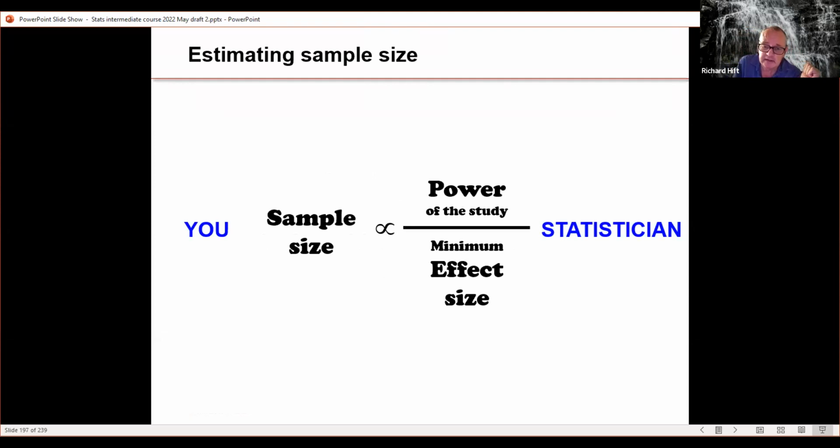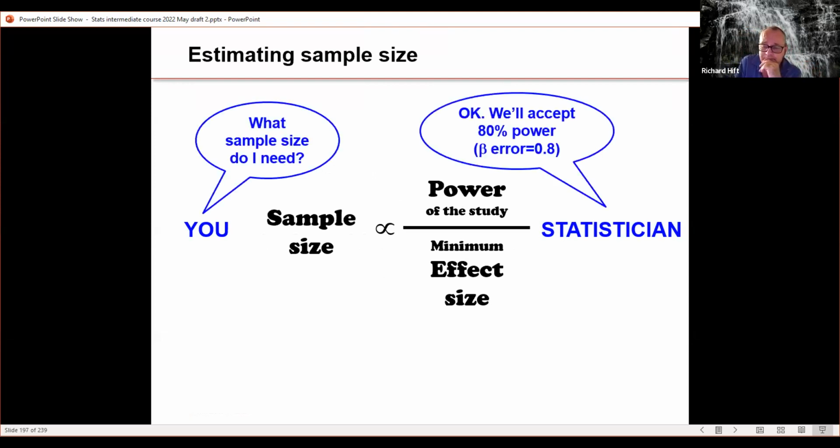And they never just give you an answer. They ask you questions. Okay, well, what power do you want? Fortunately, by convention, we usually just accept power of 80%. That means that there will be an 80% chance we will show significance if indeed there's a real difference.